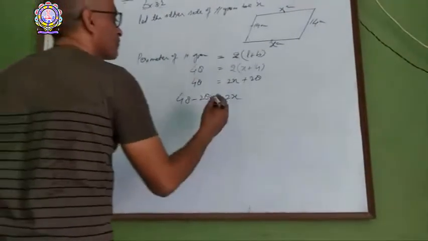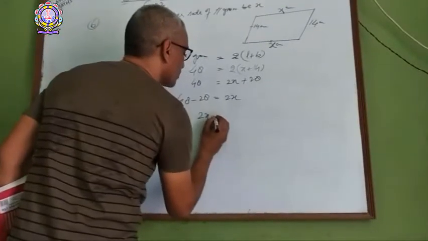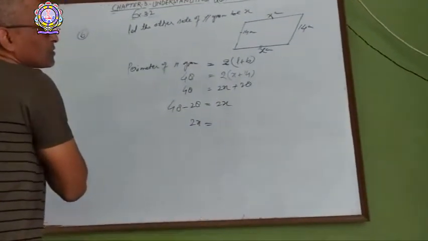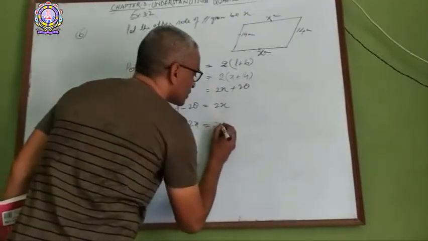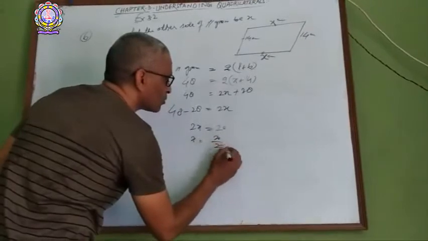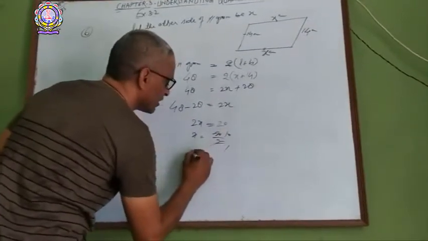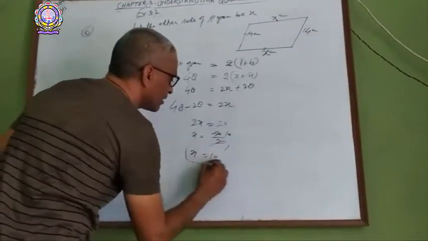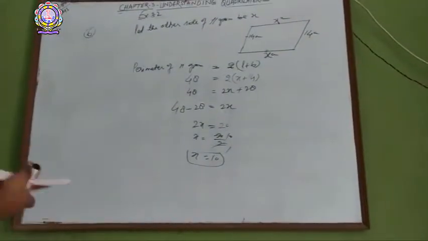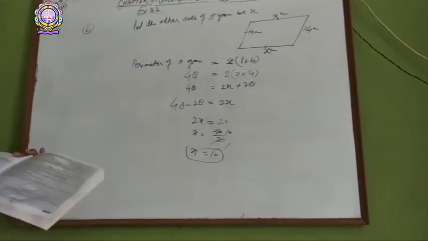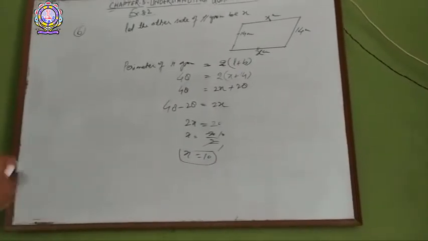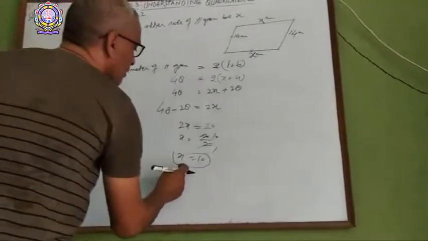Okay, and 2x must be equal to 48 minus 28. This is 20, and x will be 20 upon 2. 2 tens are 20, then x is equal to 10. 10 is the other side of a parallelogram. And what is your question? Find the length of the remaining 3 sides. Okay, x is 10.